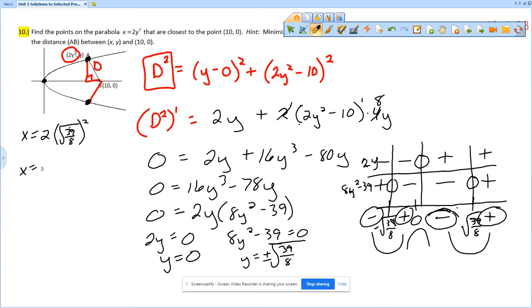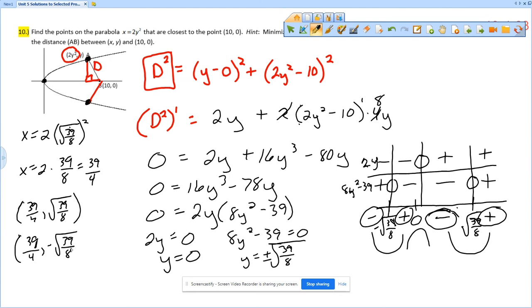So I get 2 times 39 eighths, which of course would be 39 fourths. My 2 points are 39 fourths, comma, positive square root of 39 eighths. And then the other point would be 39 fourths, comma, negative square root of 39 eighths. And so those are the points.